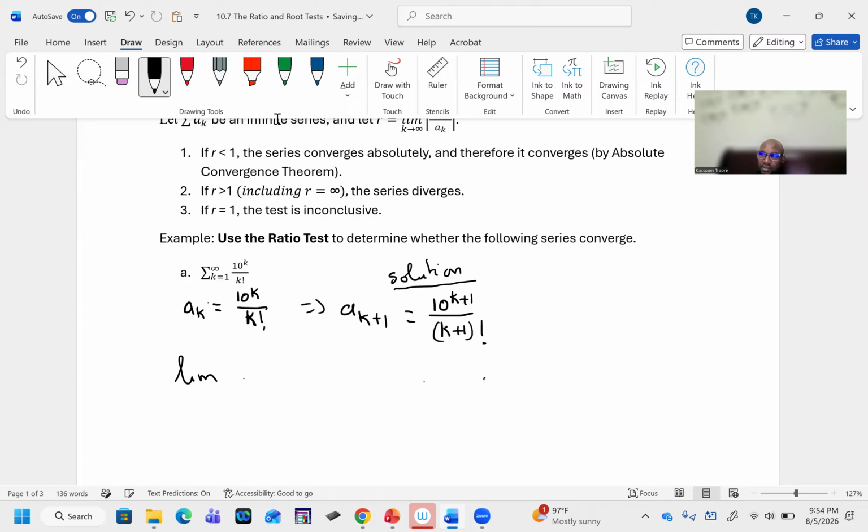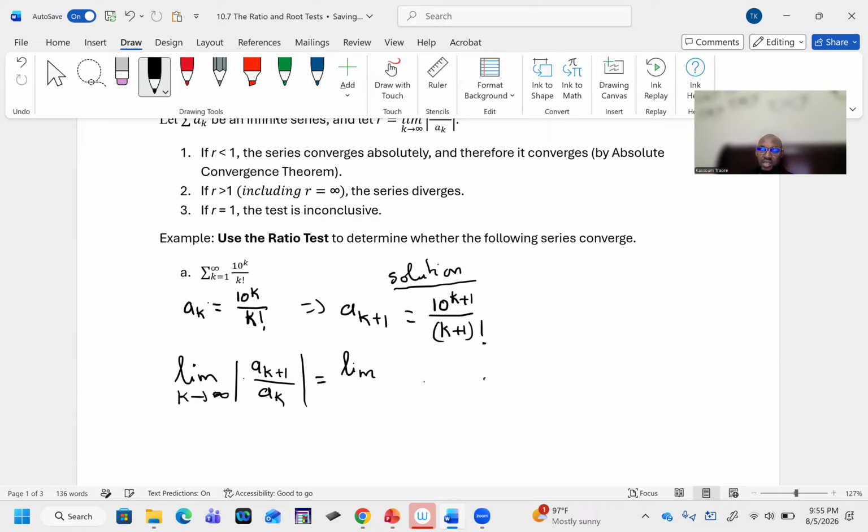So now our limit of the absolute value of a sub k plus 1 divided by a sub k as k approaches infinity: because the series is positive, we don't need the absolute value.